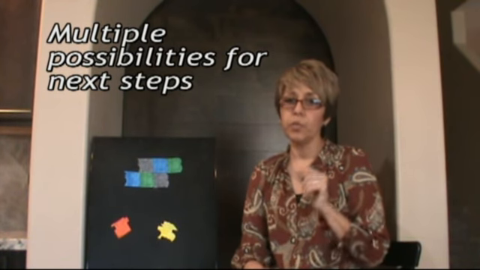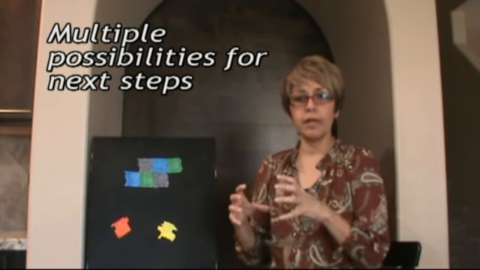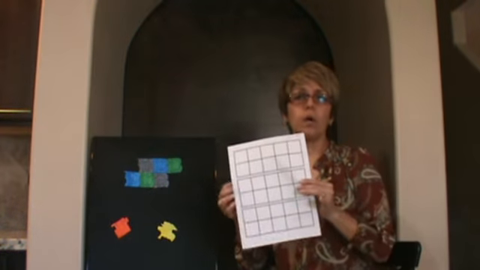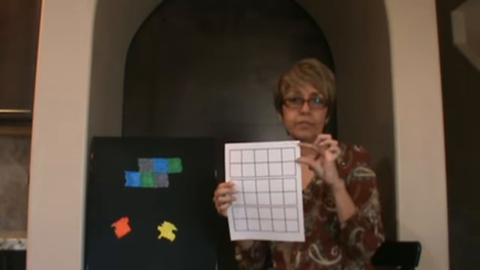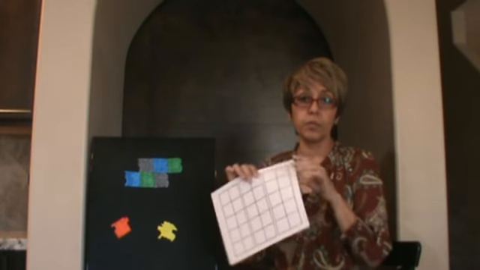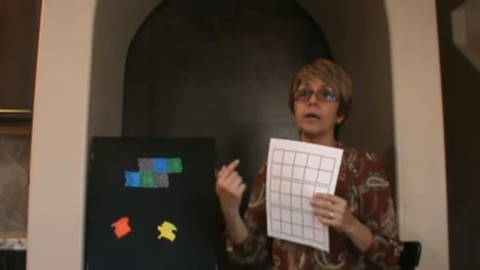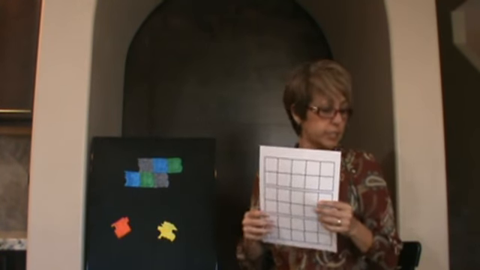For this example, you want to make sure that the measurement of the edges of the square are appropriate for the students that you're working with. For example, these squares are 1.5 inches per side or per edge, making a perimeter of 6 inches.